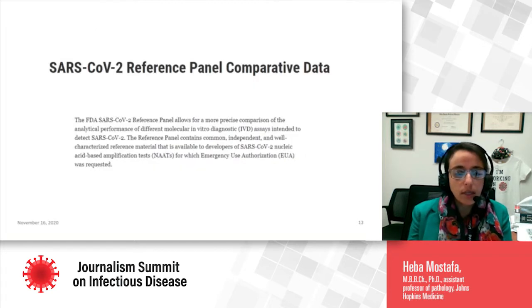The process is now better controlled through the FDA. They offered a quantified reference panel for the sake of sensitivity comparison. This has been available since the middle of September, and now they give the option for test developers to use this panel so that the assay can be compared in relation to the other assays available.